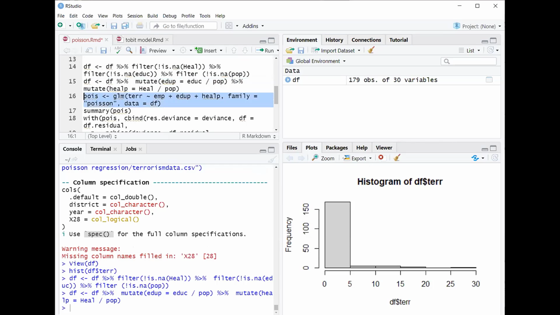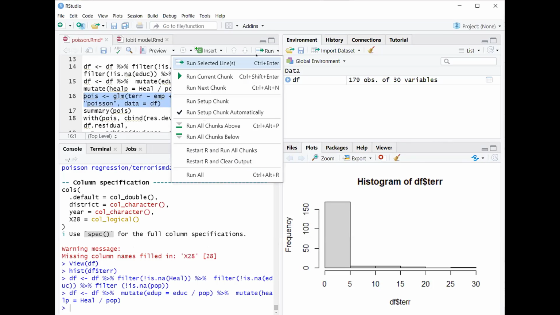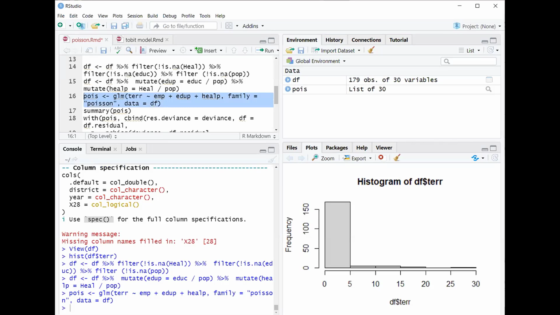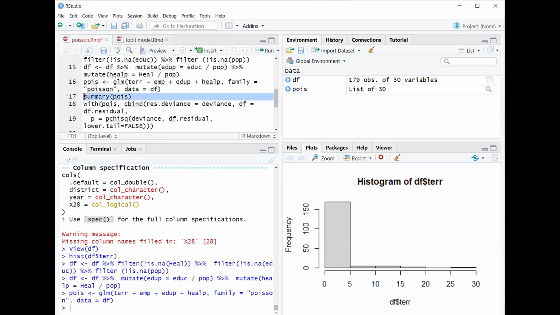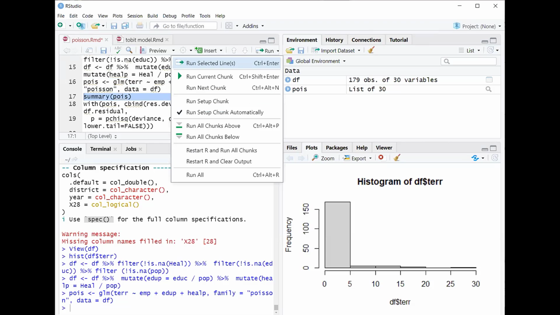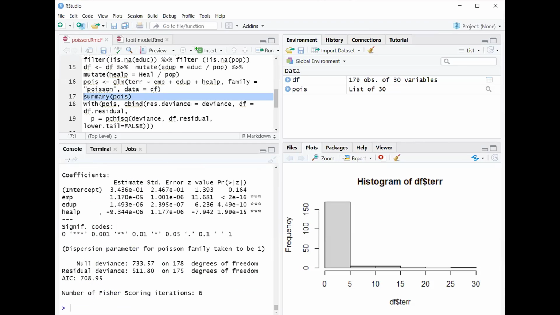So glm is the generalized linear model. Terrorism is a function of employment, education, and health expenditures as a percentage of population. So it's education expenditures and health expenditures divided by population. When I run it and ask it to show the summary, the interpretation is here.